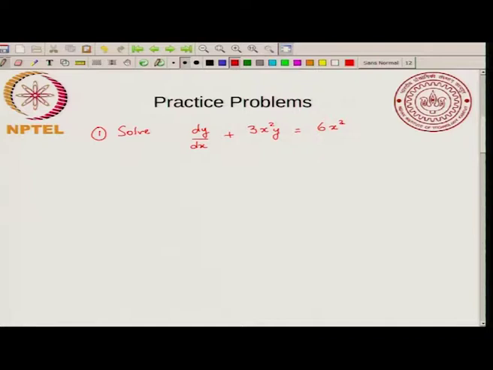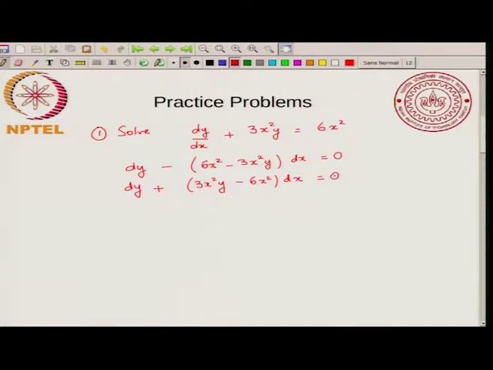So, let us write this in the form dy plus 3 x square y minus 6 x square dx equal to 0.